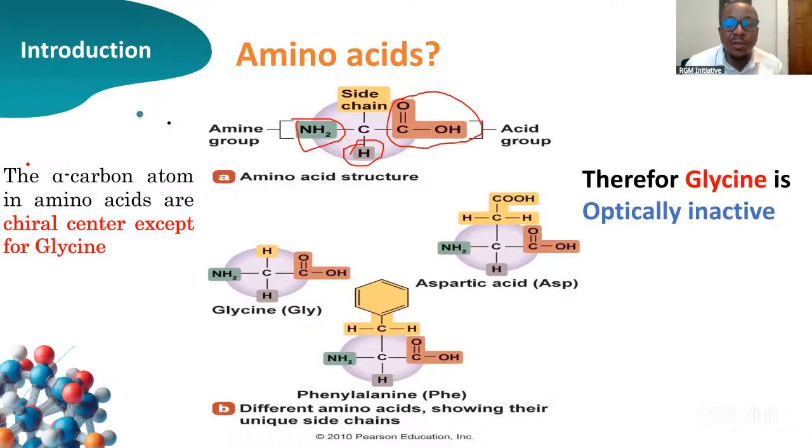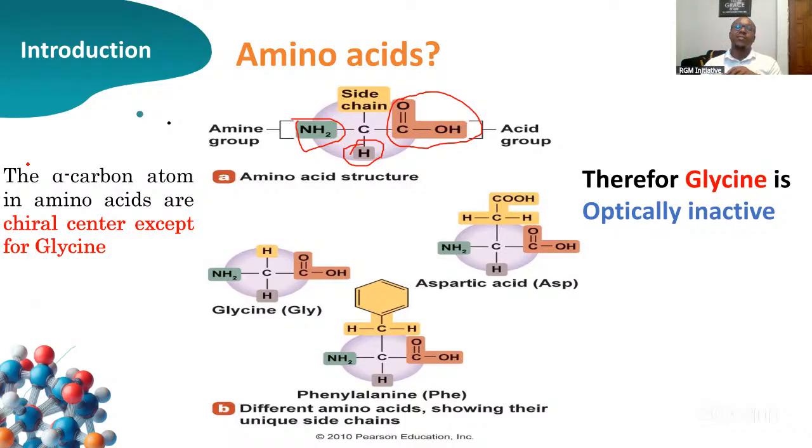Now, let me take you a little to the nomenclature, or the numbering, of the carbon atoms in amino acids. When we were taught nomenclature of carboxylic acid, we were taught that the carbon after the carboxylic group is referred to as the alpha carbon.